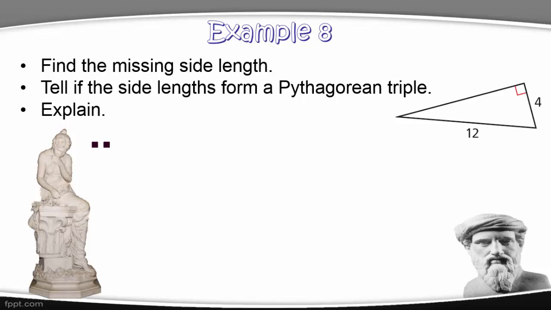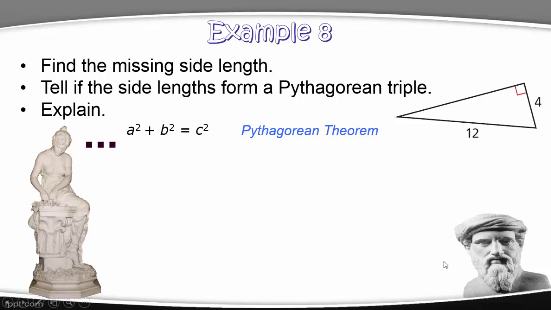In example number 8, we're asked to find the missing side length and tell if the side lengths form a Pythagorean triple and explain. So we have the Pythagorean theorem, a squared plus b squared is equal to c squared. And we have this triangle where one of the legs is 4, one of the legs we don't know, and the hypotenuse is 12.